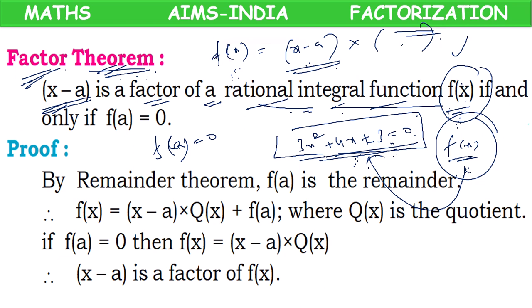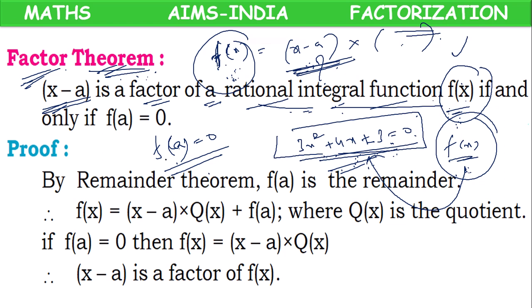Try to understand with clarity, children. We have one equation which is denoted as f of x, and for f of x, x minus a will be a factor when? If f of a equals 0.